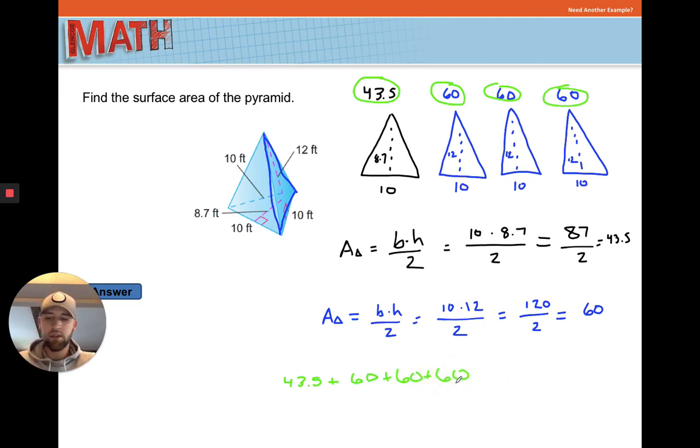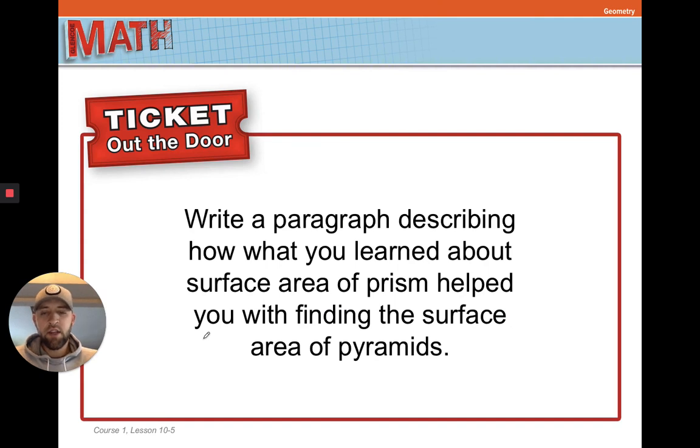When I add all these things up, I'm going to go ahead and throw it in my calculator. You should get 223 and 5/10 or 223 and a half. And hopefully you go ahead and throw on feet squared so we know that we are working with area, specifically surface area.